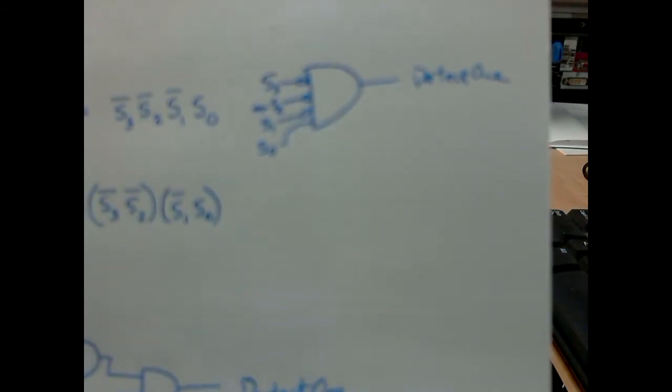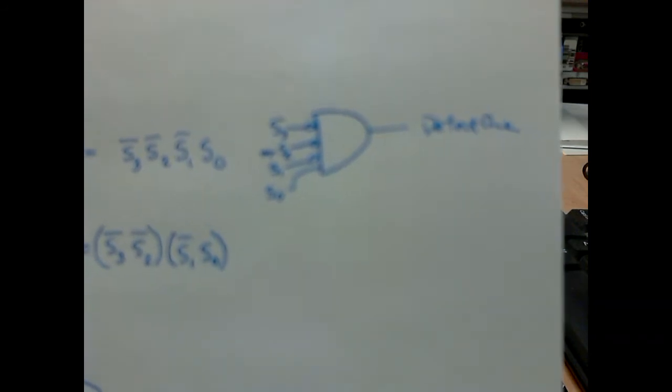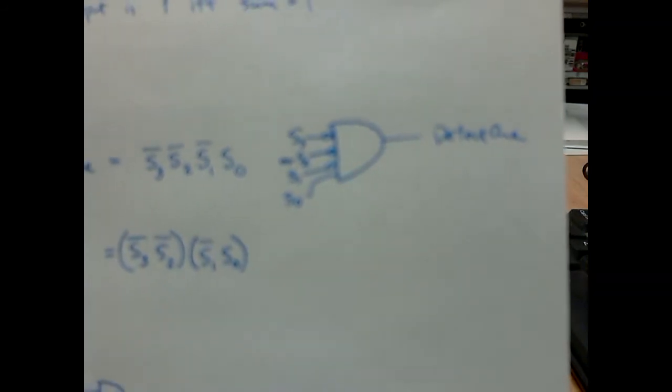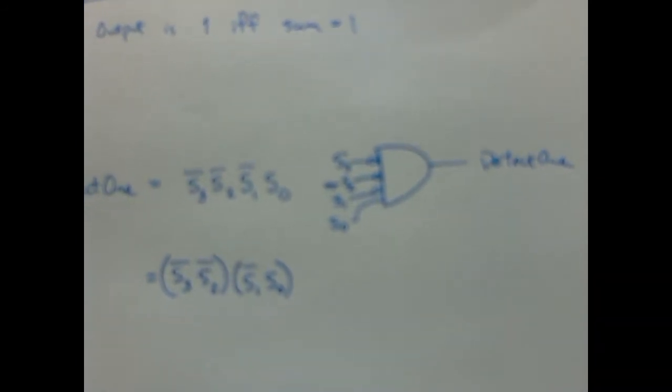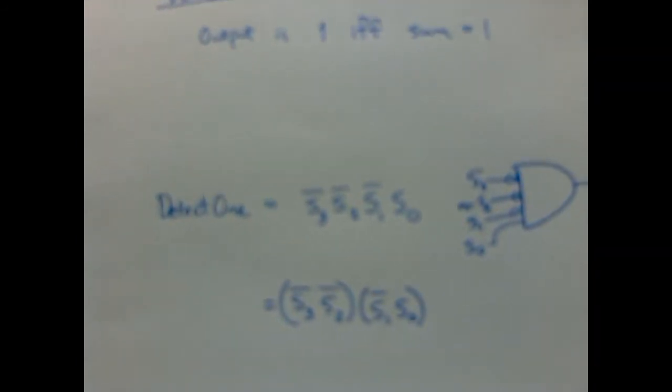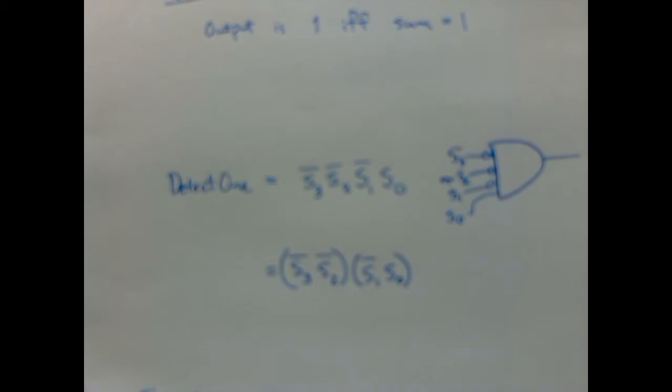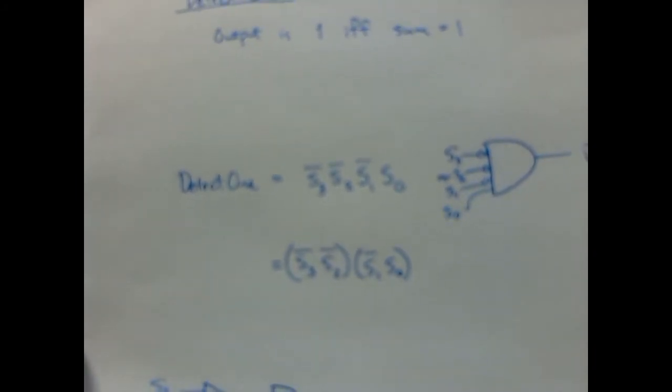Okay, that's great. But you'll note that you don't have a 4-input AND gate in your kit. So how can you do it? Well, I do have a bunch of 2-input AND gates, and I have some inverters. So I can rewrite my expression this way.